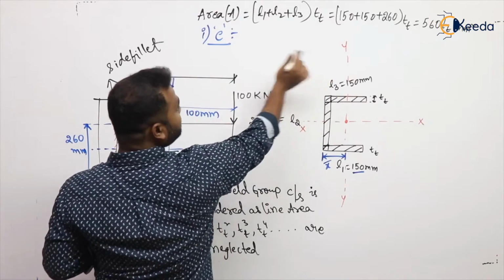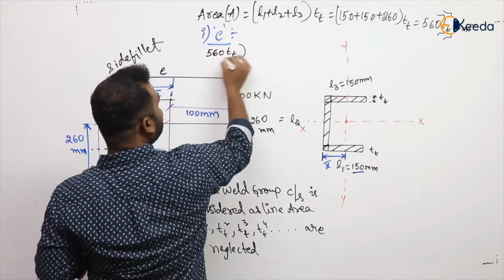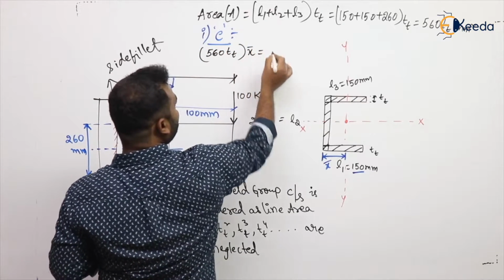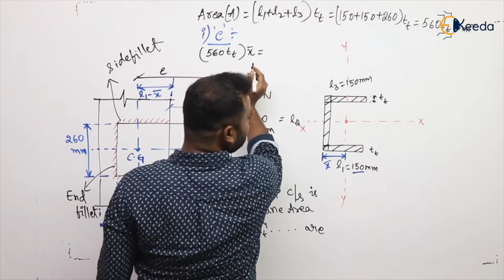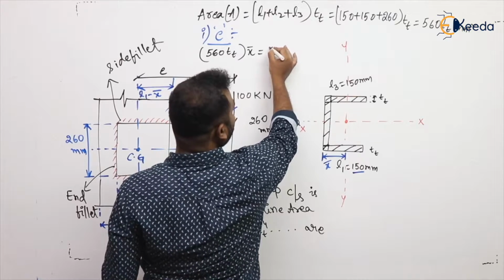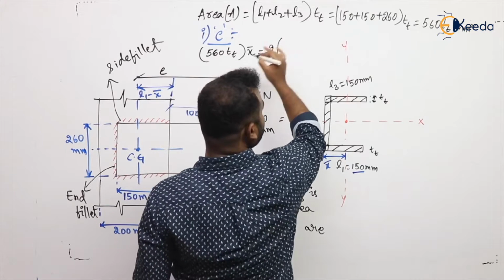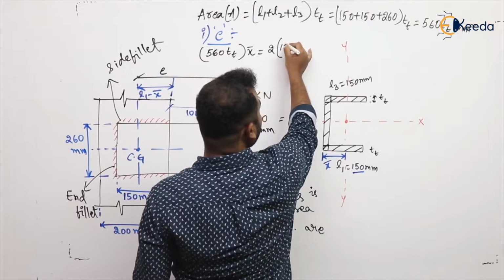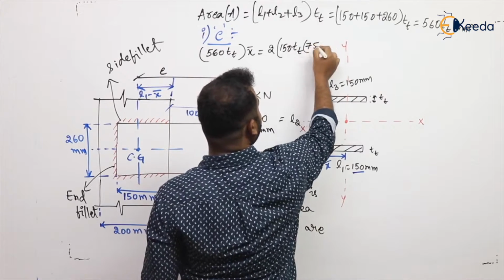So total area, how much is the area? 560 TT into X bar is equal to, for these two areas, 2 into 150 into TT into 75.